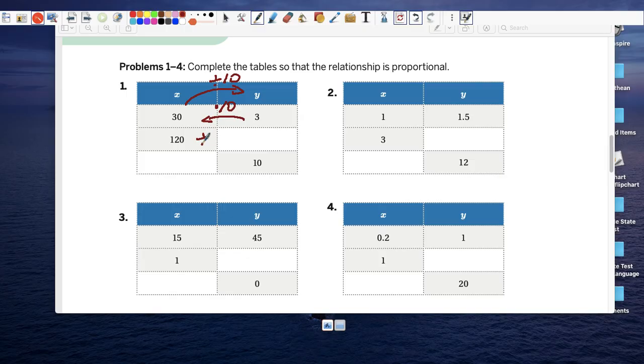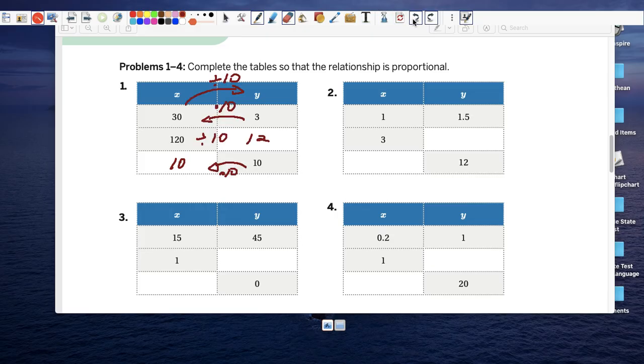So in this case, 120 divided by 10 is 12, because I'm going to the right. And this one, going this way is times 10, so 10 times 10 is 100. Sorry guys, let me redo this.